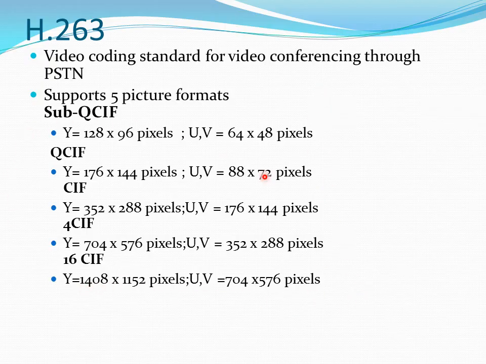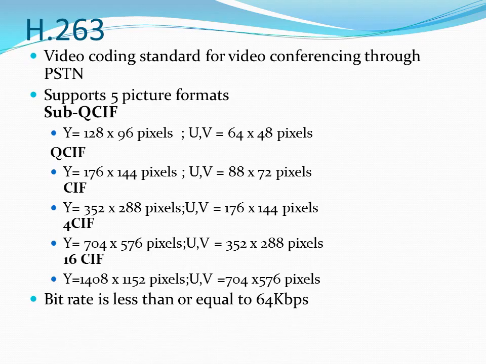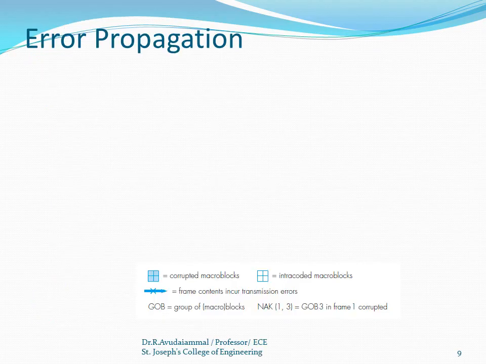In this way, according to the data rate requirement, we can go for any of these 5 options. The bitrate is less than 64 kbps when we go for the other one, and here it uses only B frame encoding, whereas H.261 uses P frame encoding.